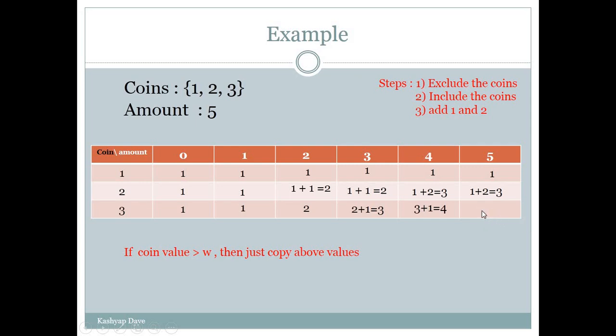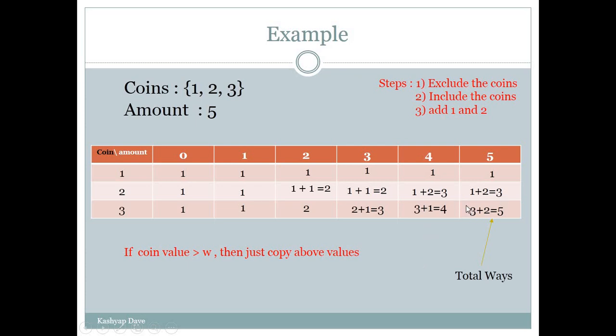At the last, for making amount 5, first exclude the coin, which means 3, plus include the coin: 5 minus 3 is equal to 2, so go to the 2 in this row, so we will have value 2, so 3 plus 2 is equal to 5. So in this way we can see, for making amount of 5 using coins 1, 2 and 3, the total ways are 5.